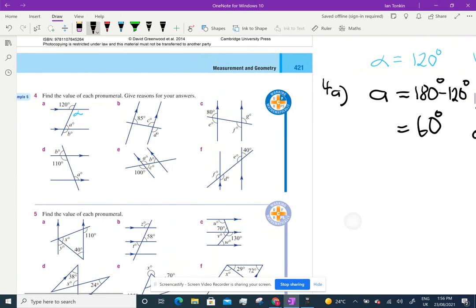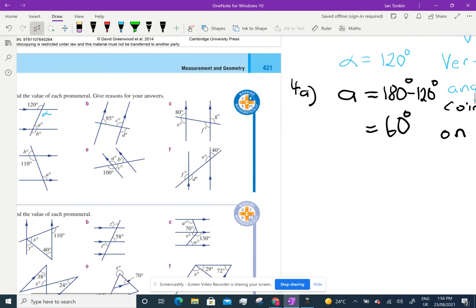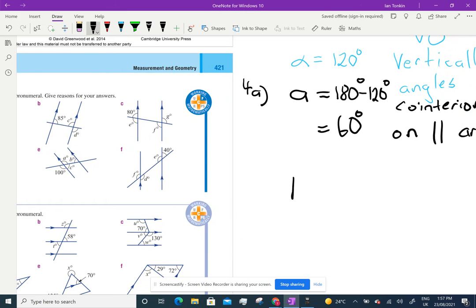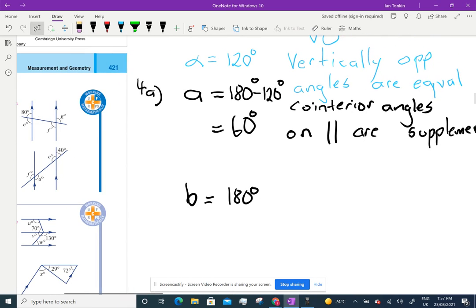And then B. B equals 180 minus 60, which equals 120. But why is that?